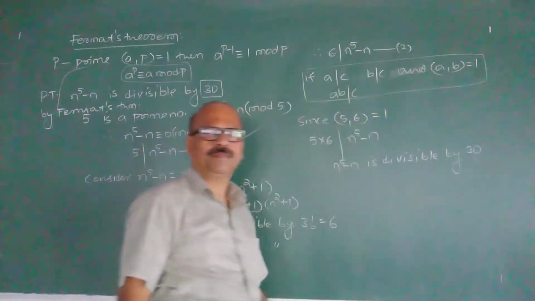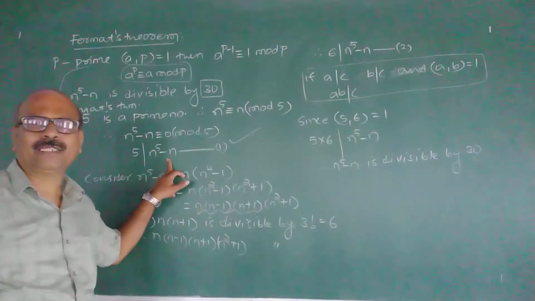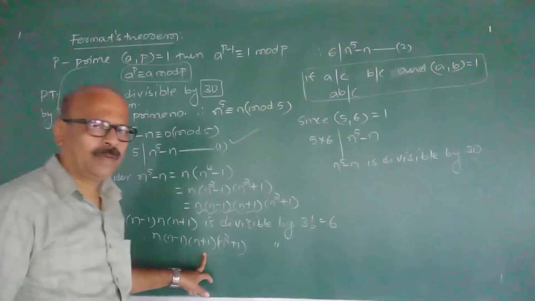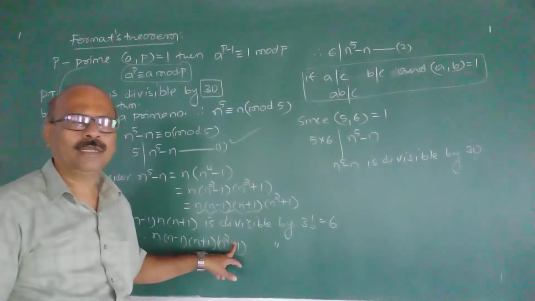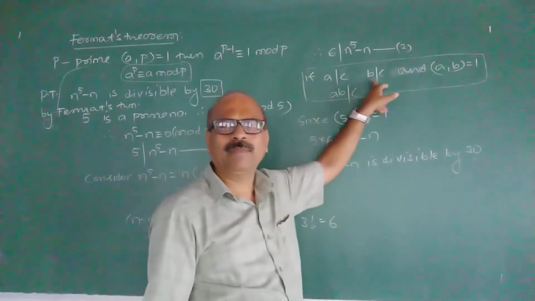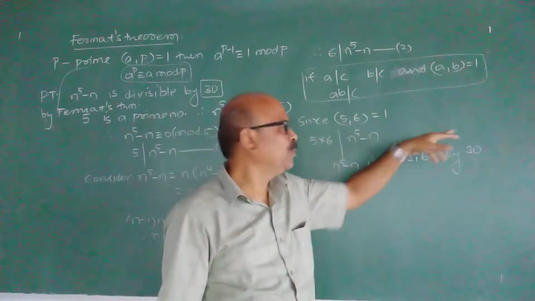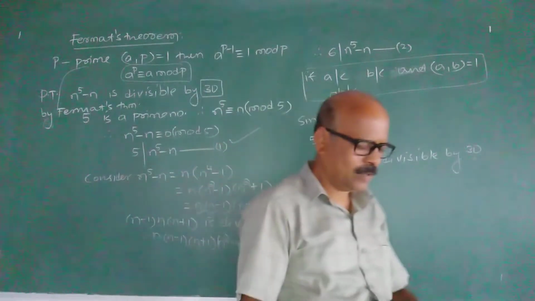This is the problem. In the first step we used Fermat's theorem. In the second step we used that the product of r consecutive integers is divisible by r factorial. Then the third result: if A divides C, B divides C, A and B are relatively prime, A into B divides C. Using these three results, we have proved this.